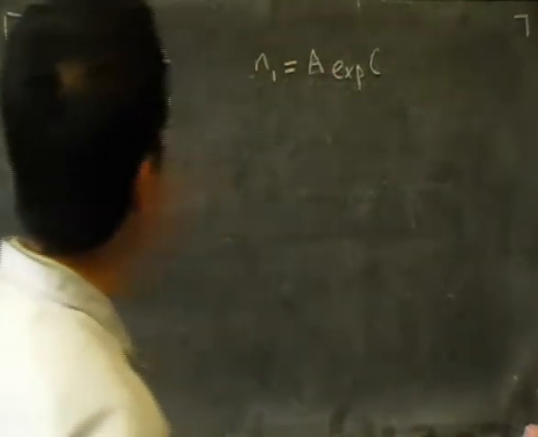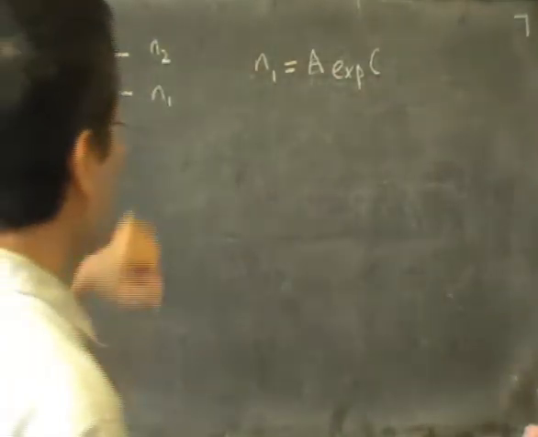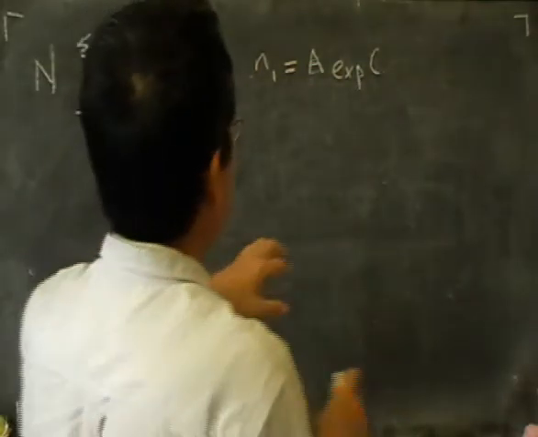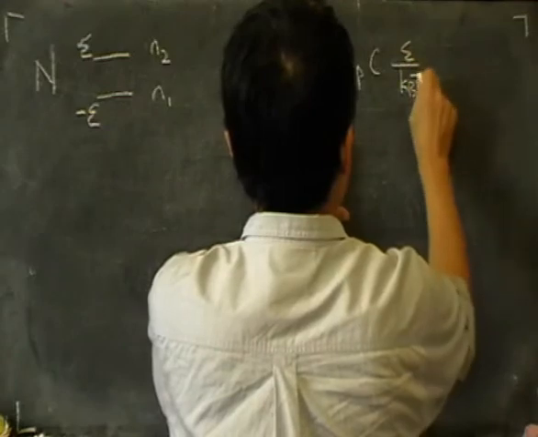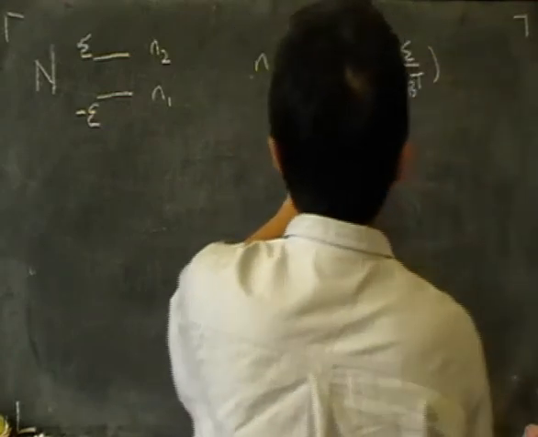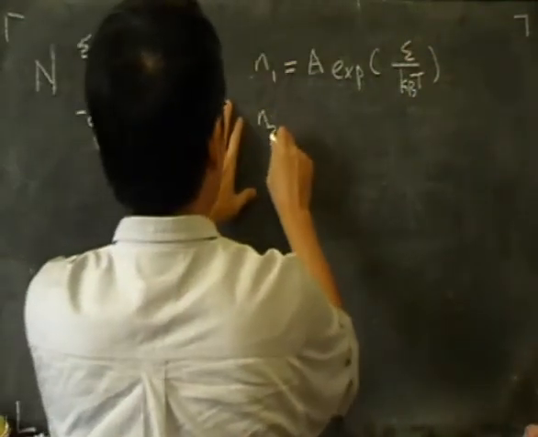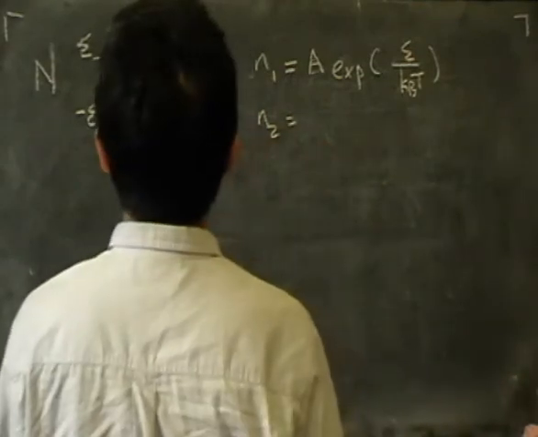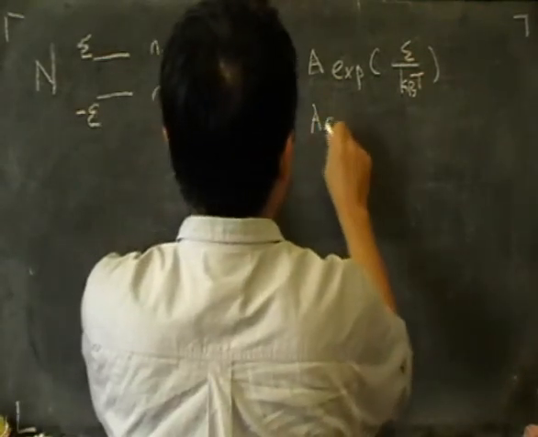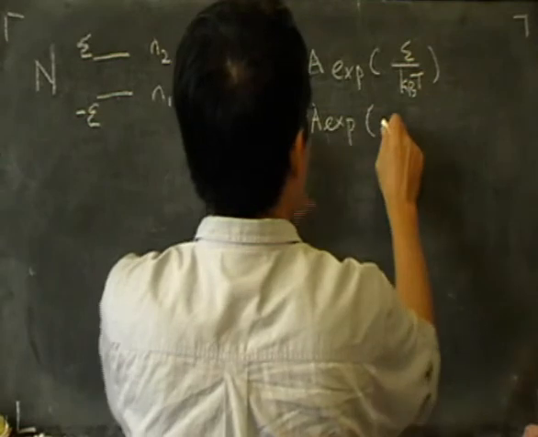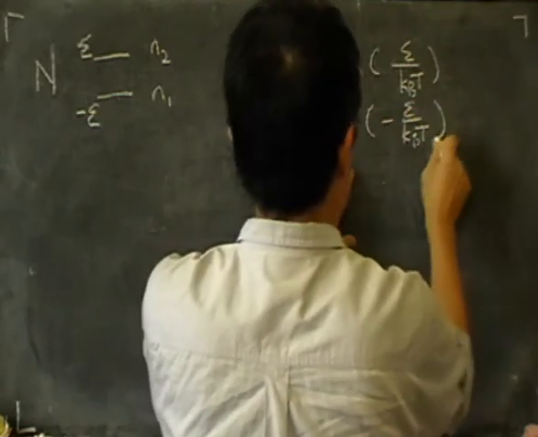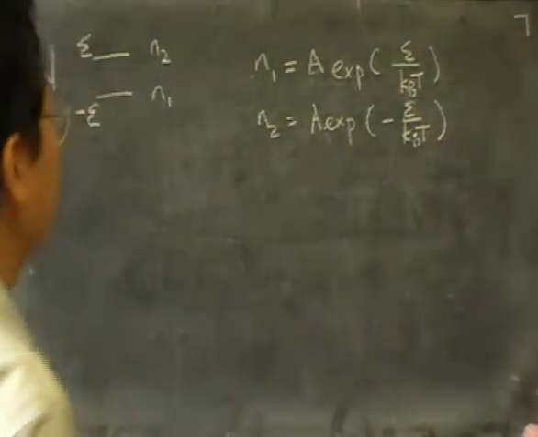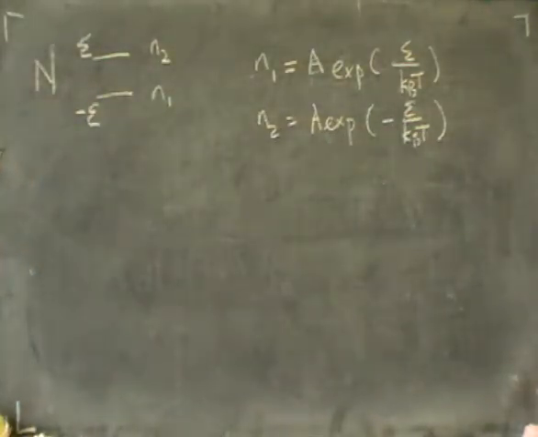In this case, for N1 the energy is minus epsilon, so I have minus of minus epsilon, which is plus epsilon over kT. And N2 would be A exp of minus epsilon over kT. So I have these values for N1 and N2.